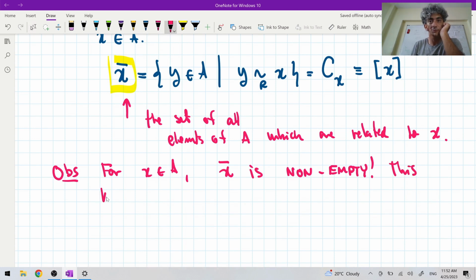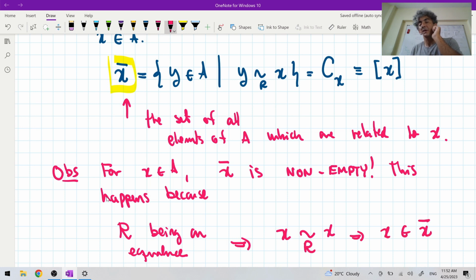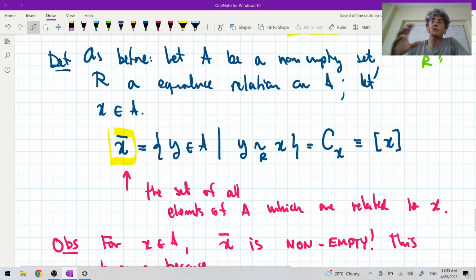This happens because R, being an equivalence, guarantees that X is related to itself. So this means that X belongs to its own equivalence class. So equivalence classes are non-empty, okay? And then what we are going to see is that equivalence classes help us refine or simplify the original set.